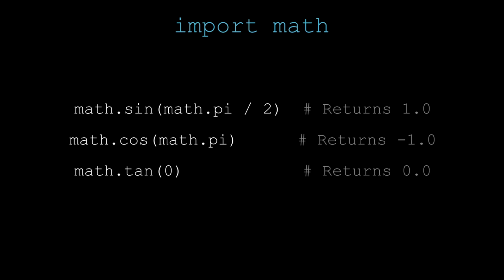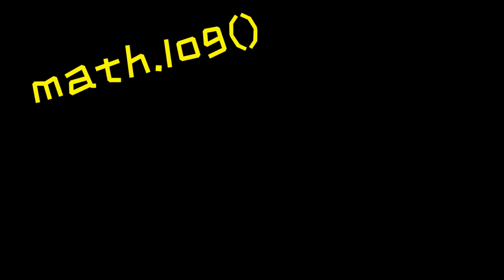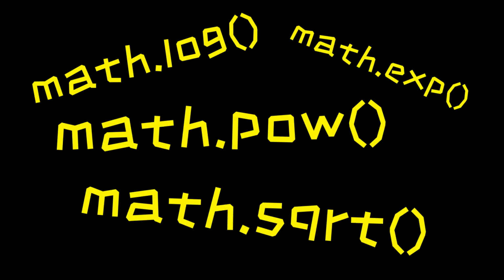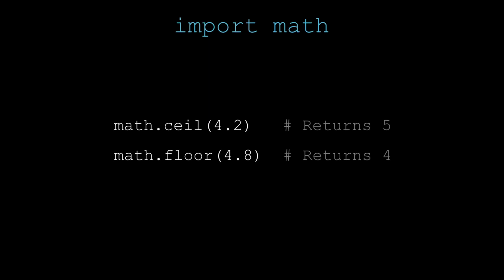There are also some important functions like the log, the exponent, the power, the square root, and for rounding off as well, like ceil, which converts the decimal number to its highest rounded off number, and the floor function, which converts the decimal number to its lowest rounded off number.